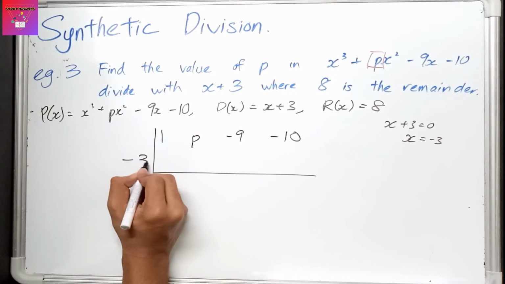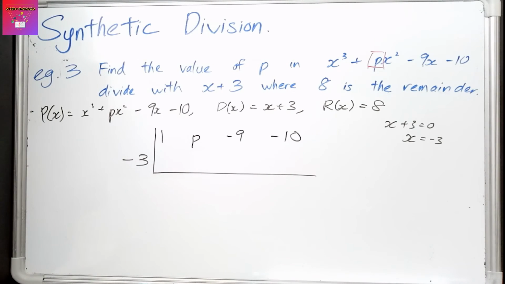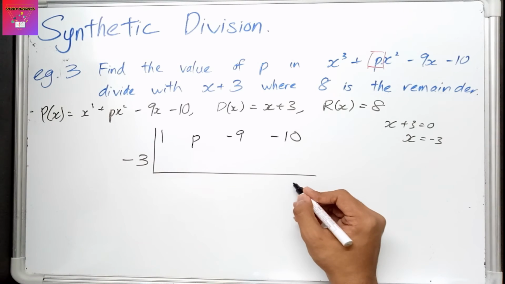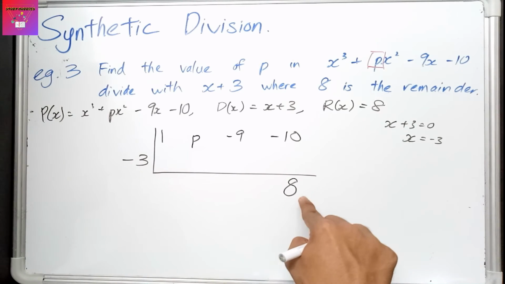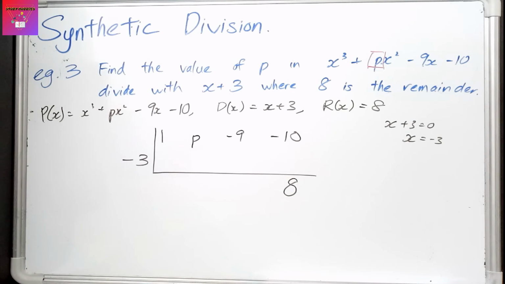So you're going to write negative 3 over here. And as I've mentioned in my previous examples, the remainder becomes the very last number of the answer when you solve divisions in synthetic division.